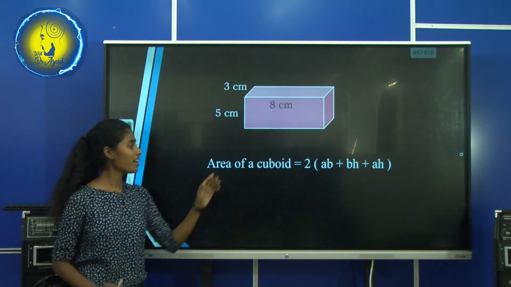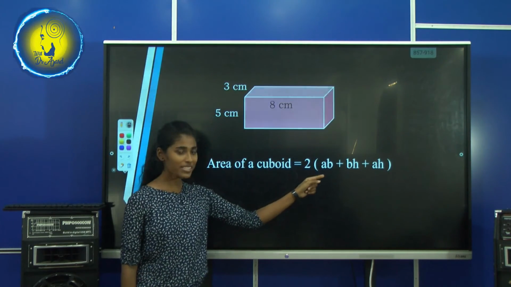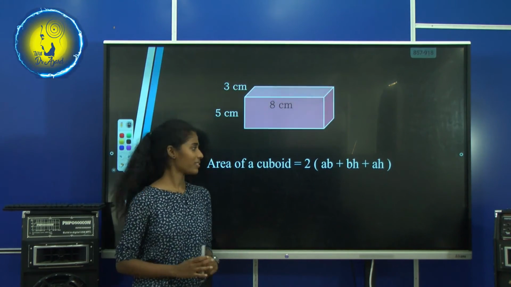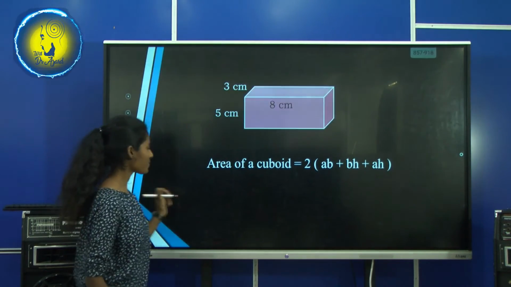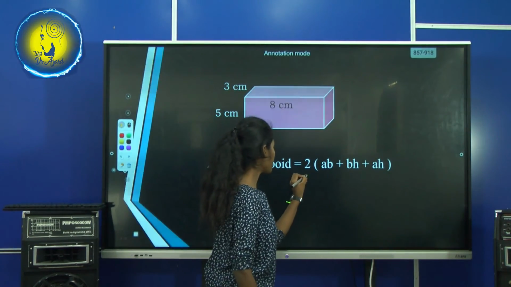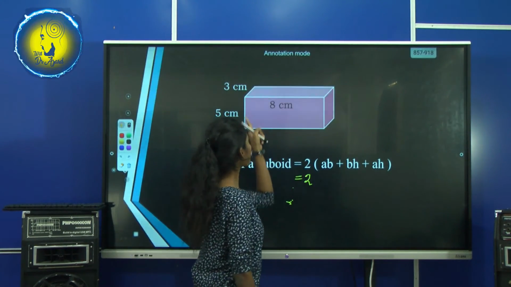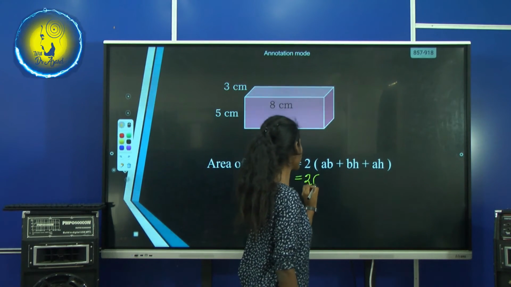Now we are going to find the area of this cuboid. What is the formula? 2 into AB plus BH plus AH. Let's find out. 2 into AB. AB means this top rectangle.